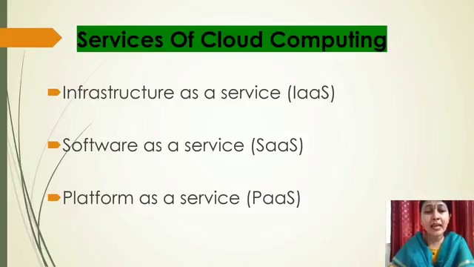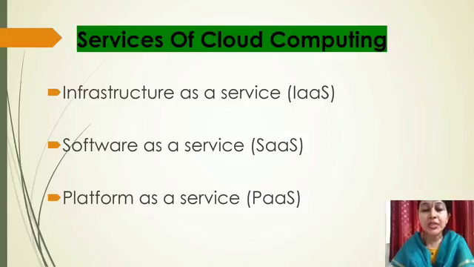And what do you mean by SaaS? Software as a service is the method of delivering software applications over the internet on demand and typically on a subscription basis. We need not install any software in our system.